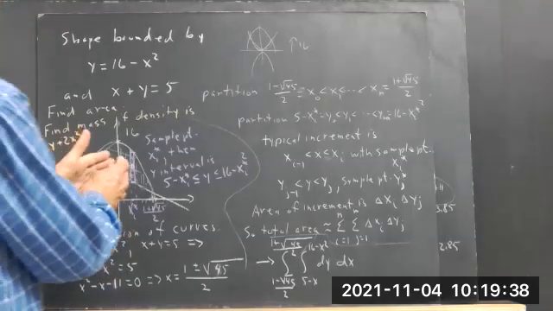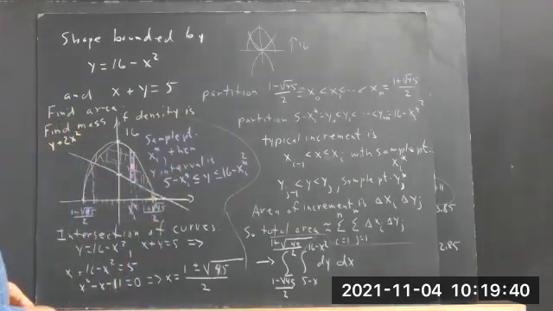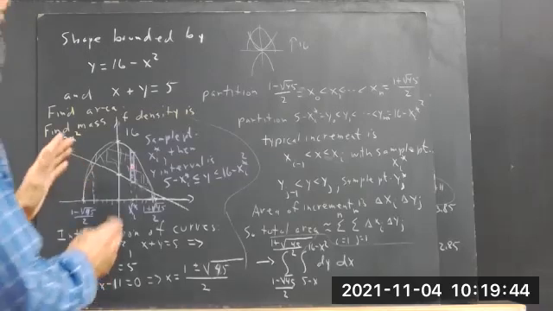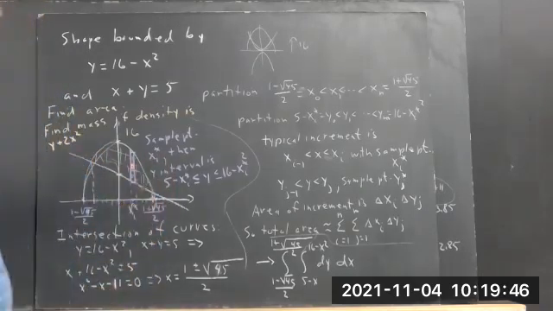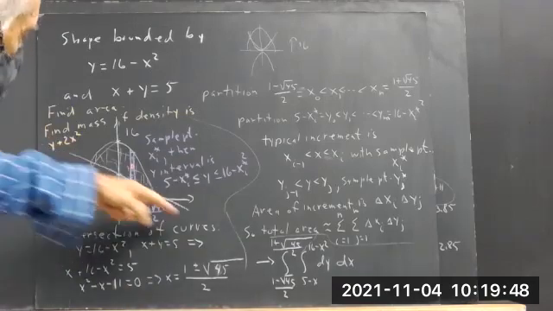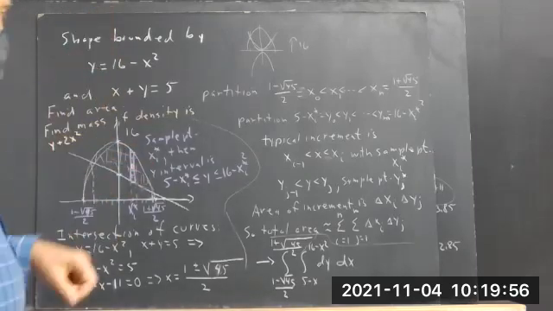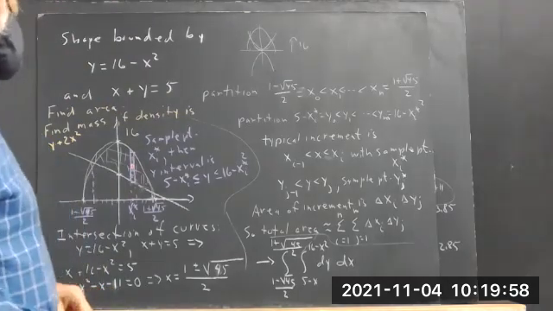Now, it is going to be symmetric because of the x squared. It'll be symmetric with respect to the y-axis. But the region itself isn't symmetric with respect to the y-axis. You can make an estimate.